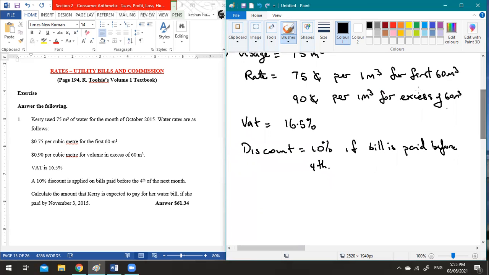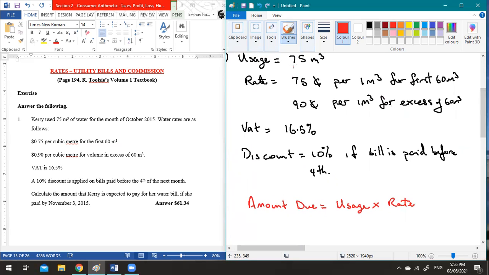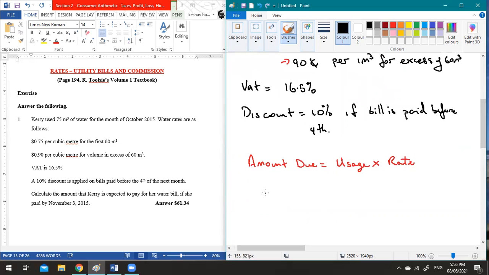So what we're gonna do, right? The amount due is the usage multiplied by the rates. Now, since we have 75 cubic meters usage, she falls into both rate categories. So you have to calculate for the first 60 meters cube and then calculate for what is remaining, right?